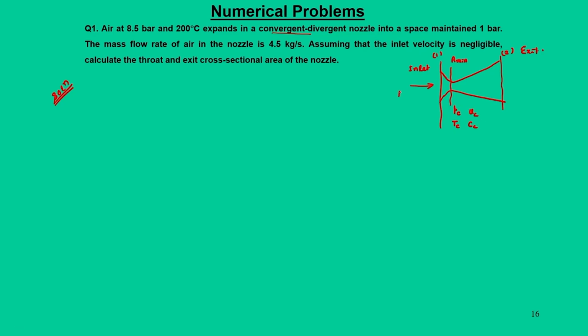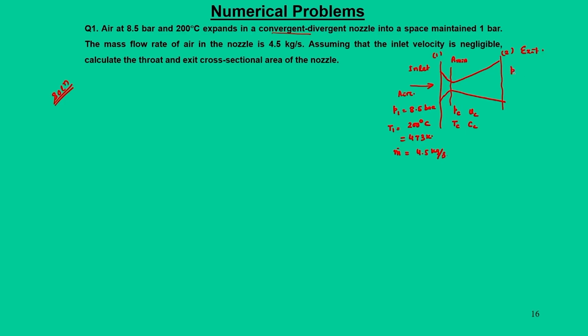Now, the flow is air and it enters at P1 equal to 8.5 bar, T1 equal to 200 degrees centigrade, that is 473 Kelvin, and m dot is equal to 4.5 kg per second, and the exit condition we do not know.